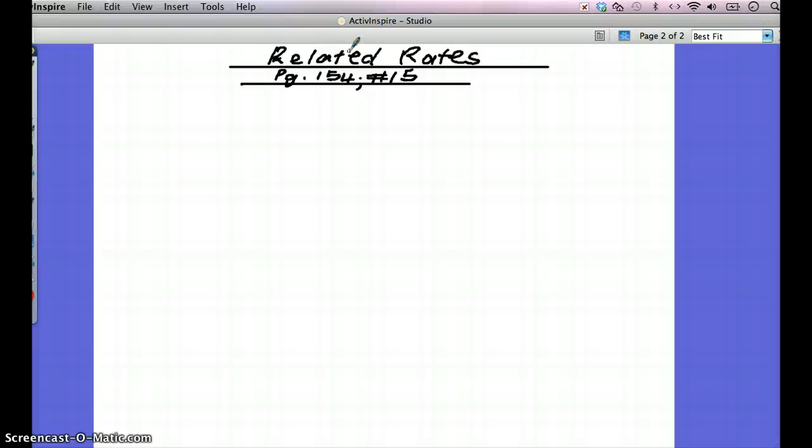It says, the radius of a circle is increasing at a rate of 3 centimeters per minute. And let me quickly say, radius increasing means it's a positive thing. It's increasing. And what that means is that dr by dt is equal to a positive 3.